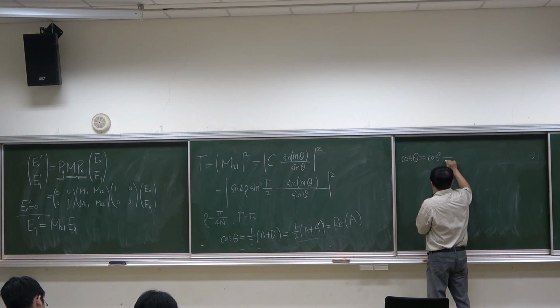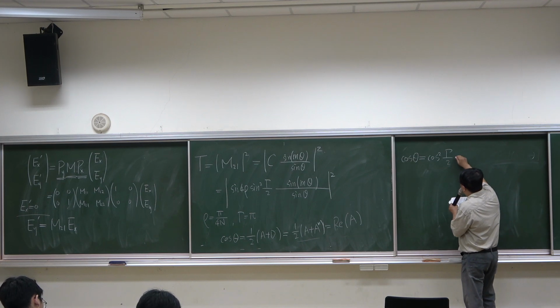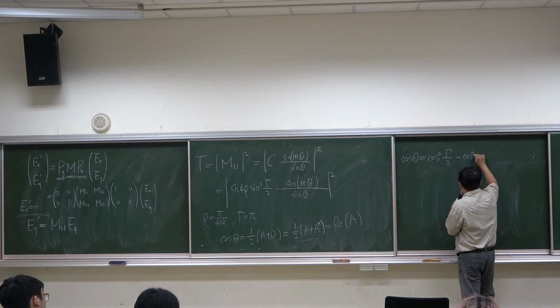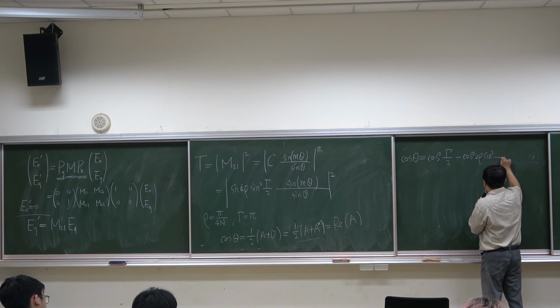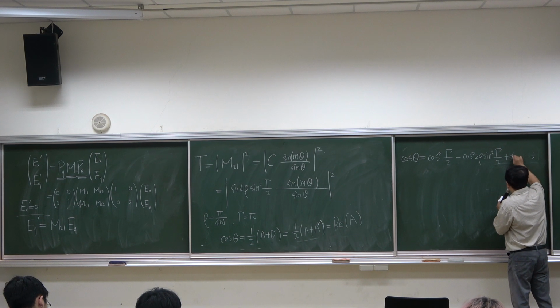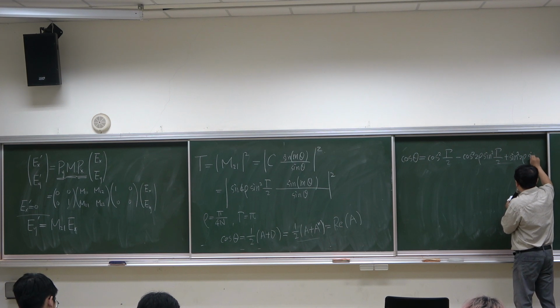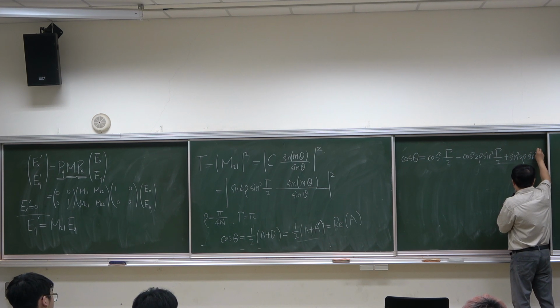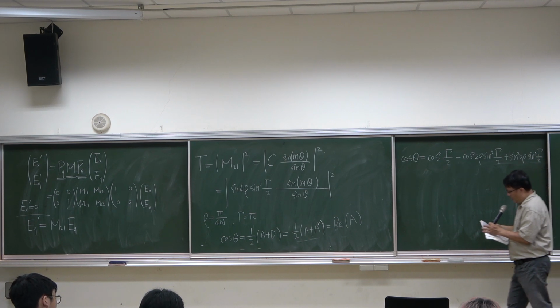which contains cosine squared half gamma minus cosine squared 2 rho sine squared half gamma plus sine squared 2 rho sine squared half gamma.